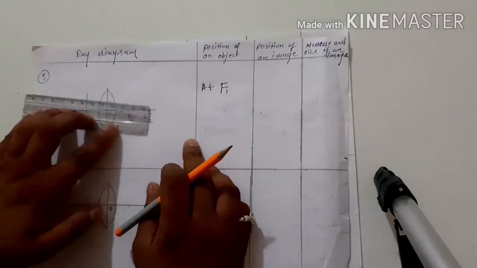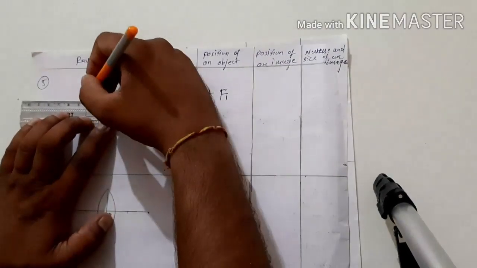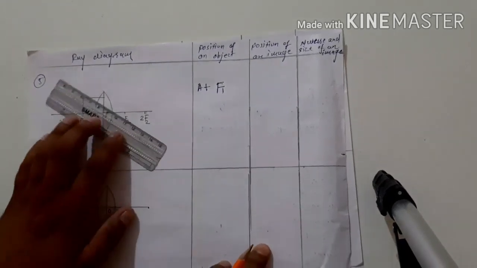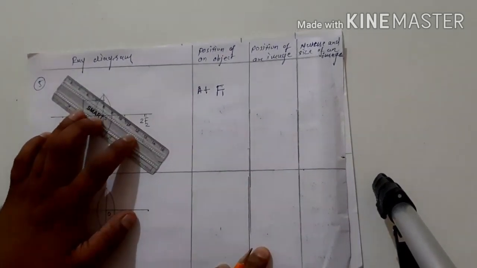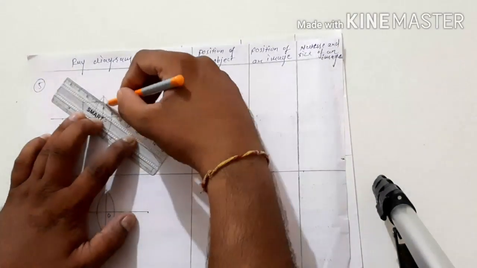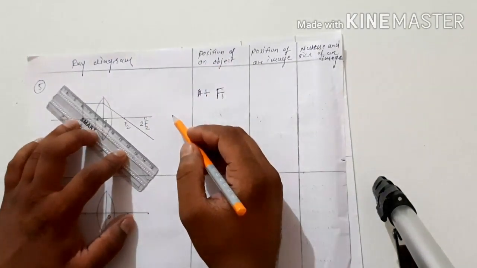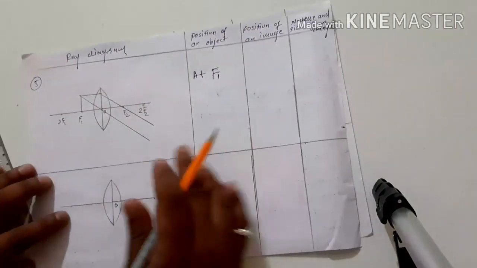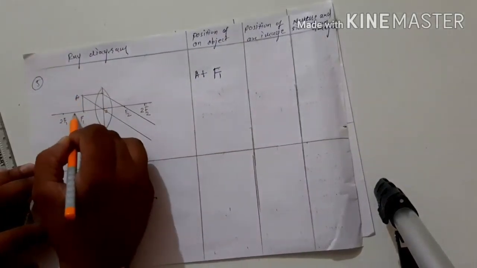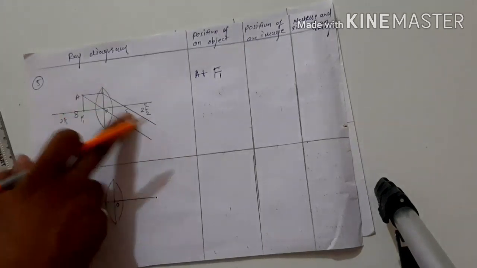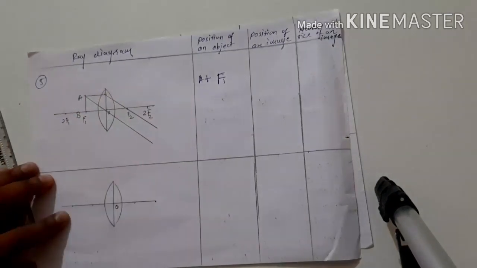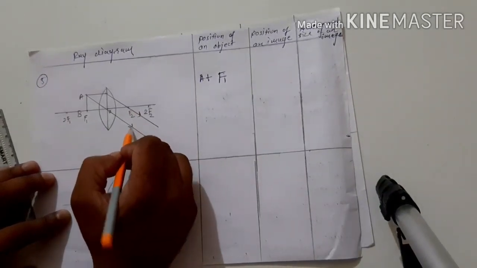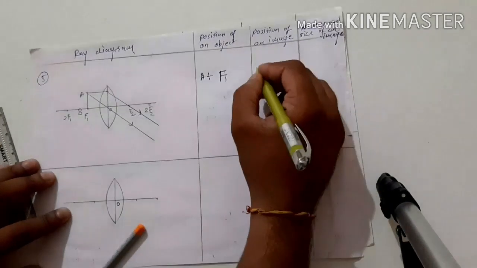The first ray, parallel to the principal axis, will always pass through F2 according to the ray diagram. The second ray, which passes through the optical center O, goes like this. Here you can see that they are never intersecting each other, right? So we can assume that they will meet at infinite distance.